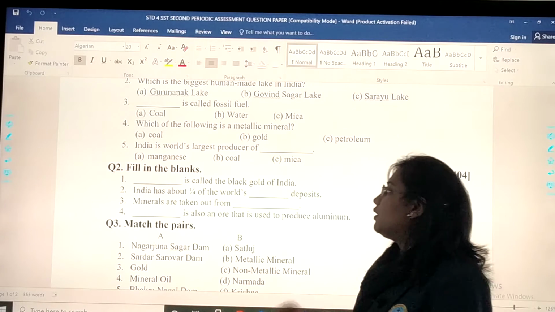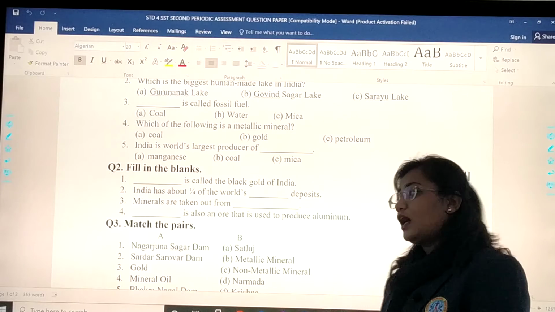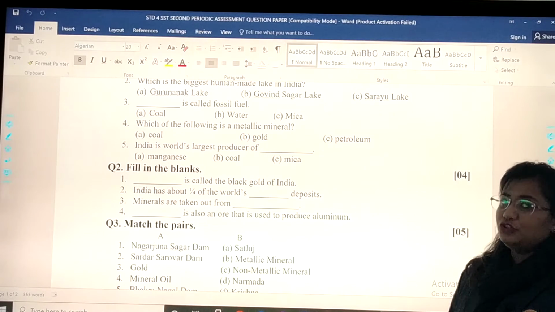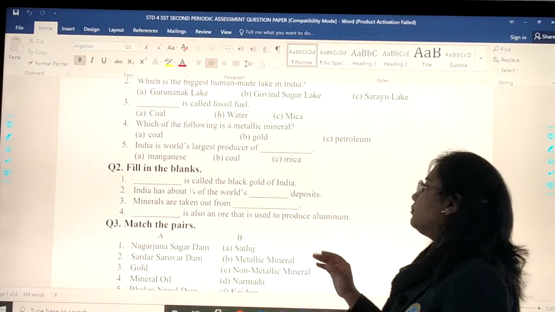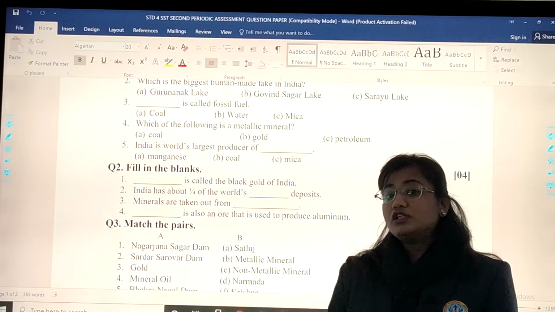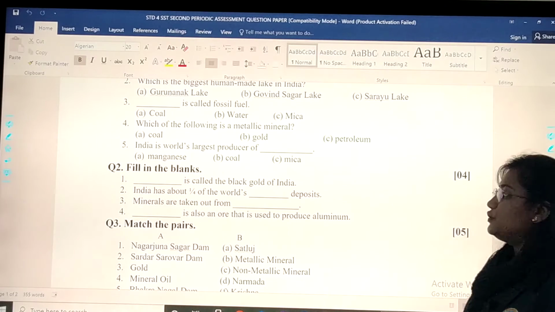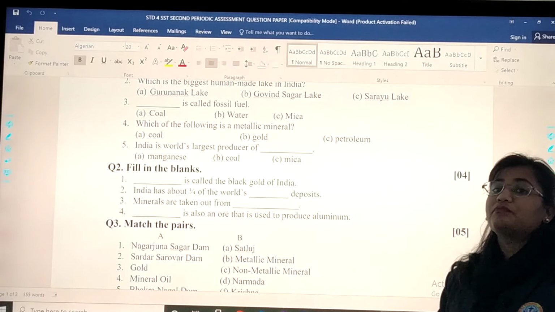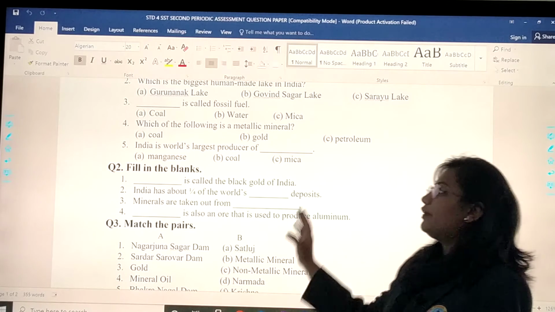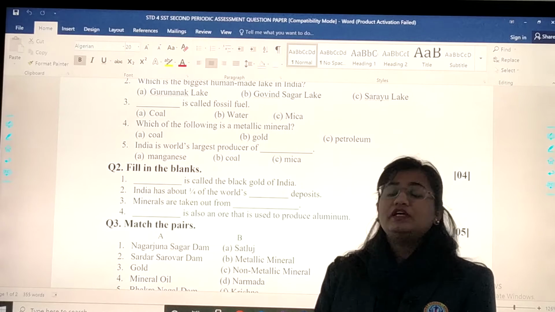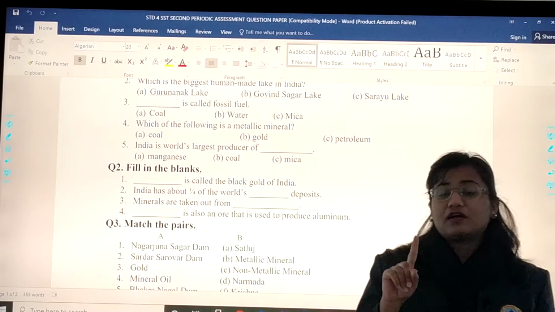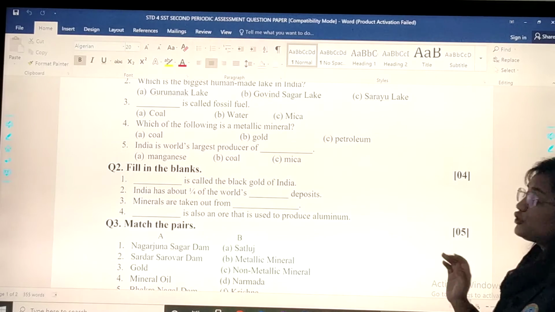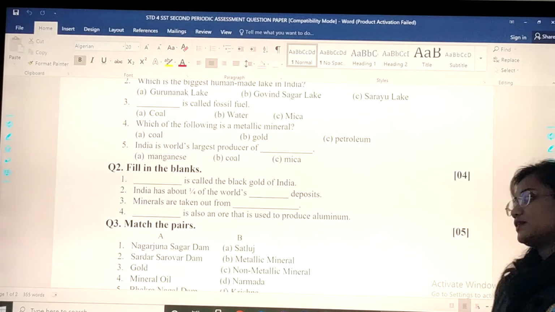Number 3. Minerals are taken out from dash. You know the answer, right? Number 4, dash is also an ore that is used to produce aluminium. Dear children, there are 4 fill in the blanks over here. Each blank carries 1 mark. So the total of our question number 2 is 4 marks.